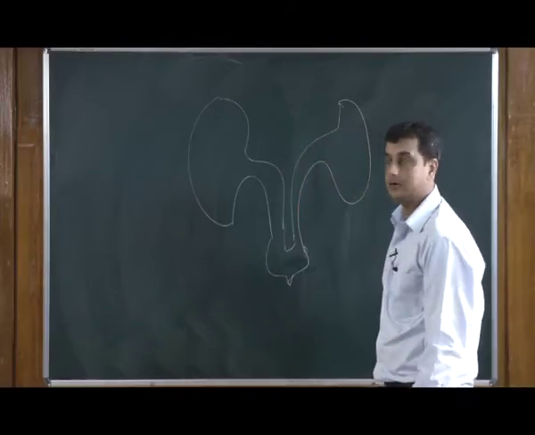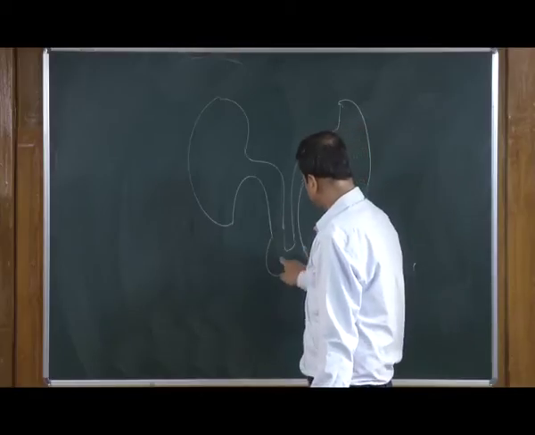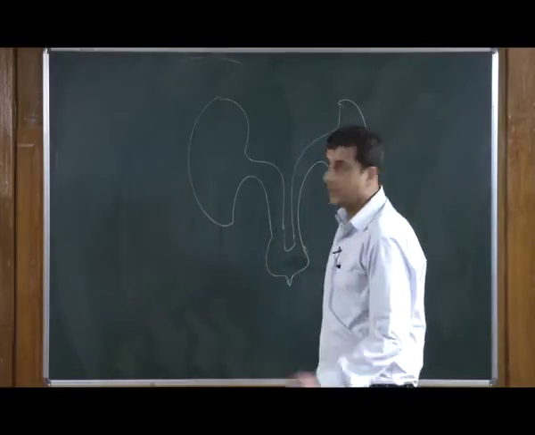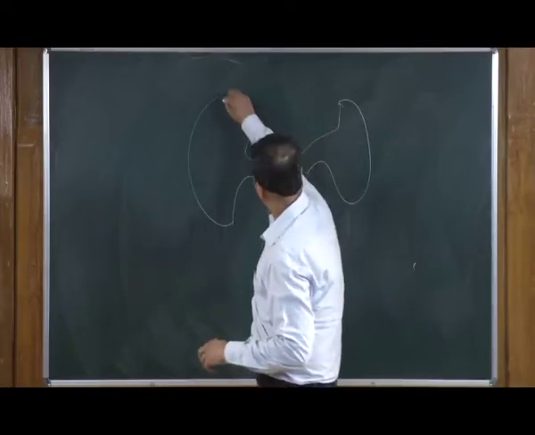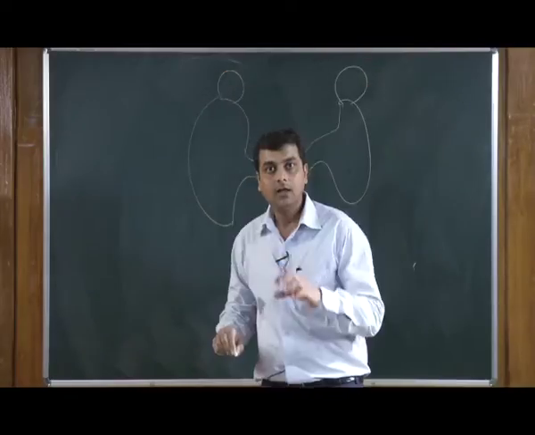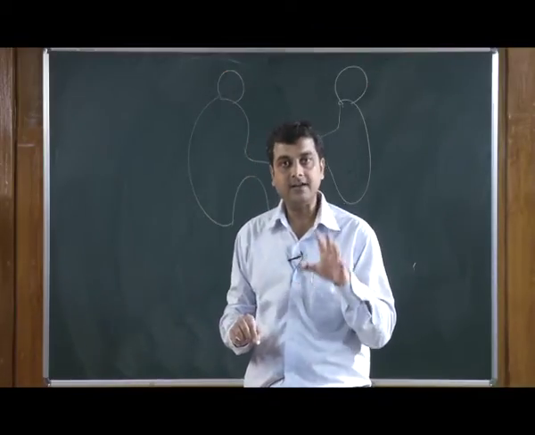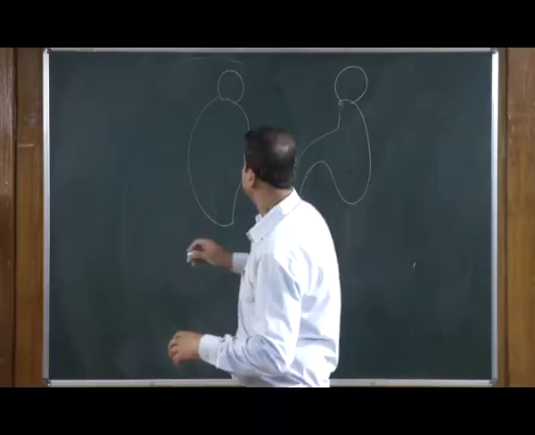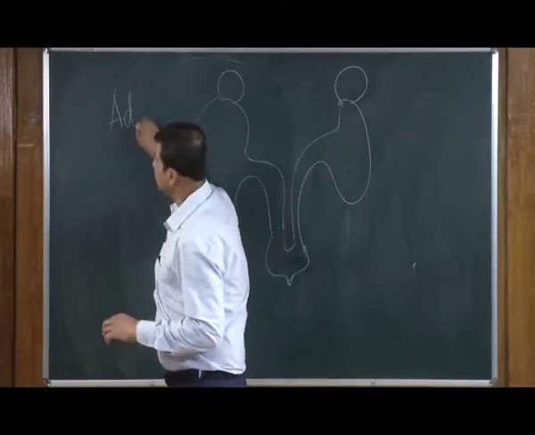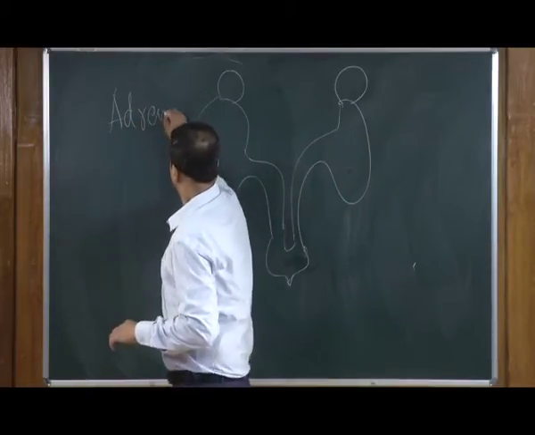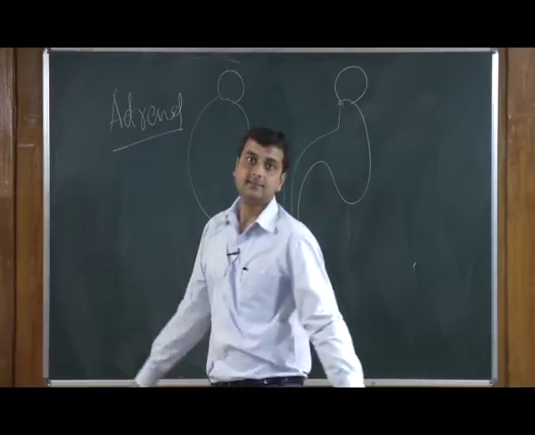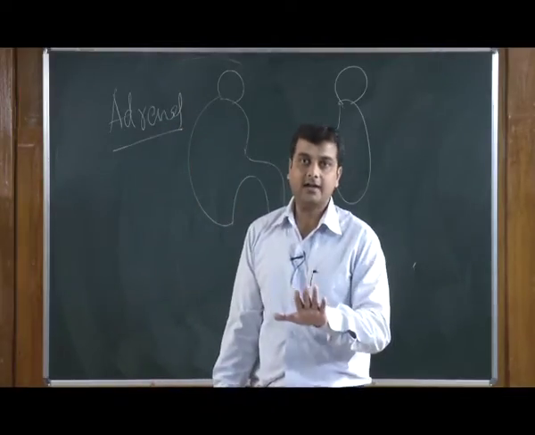So we have the two kidneys, ureter, urinary bladder and urethra. On top of the kidney there is a very specific gland called the adrenal, where 'ad' means on the top of the renal. The adrenal is an endocrine gland.